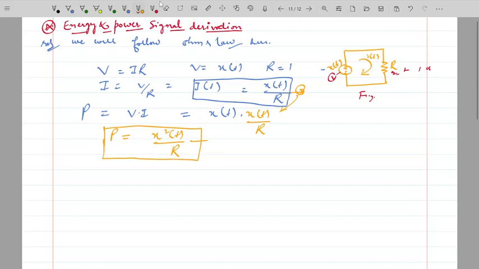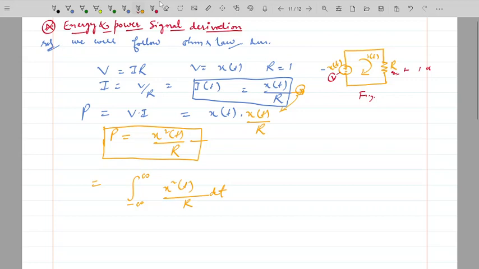Further, we know the total energy dissipated is the integral of the instantaneous power. So how much energy is dissipated here? The total energy dissipated will be the integral from minus infinity to infinity of x square of t upon R into dt. This is the equation for total energy dissipated.